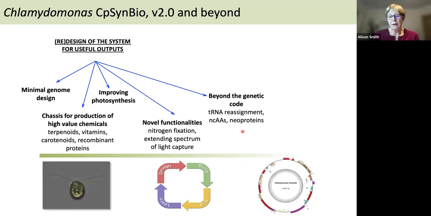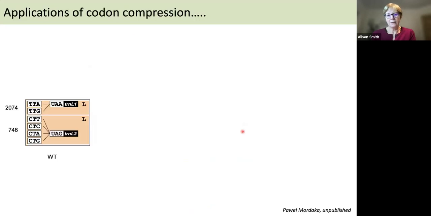And then using the recoded genome, we really want to go beyond the universal genetic code and try reassigning the tRNAs so that they can then accept different amino acids. This is shown here in this further scheme that Pavel established.